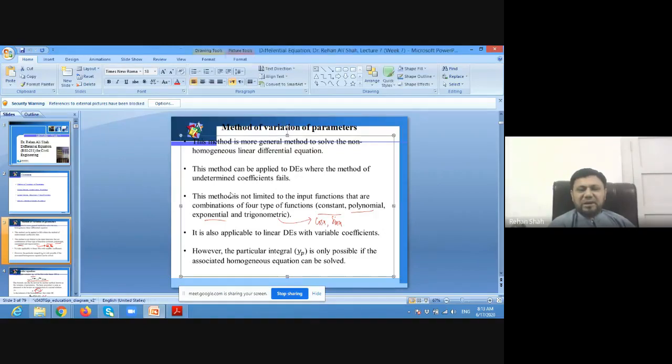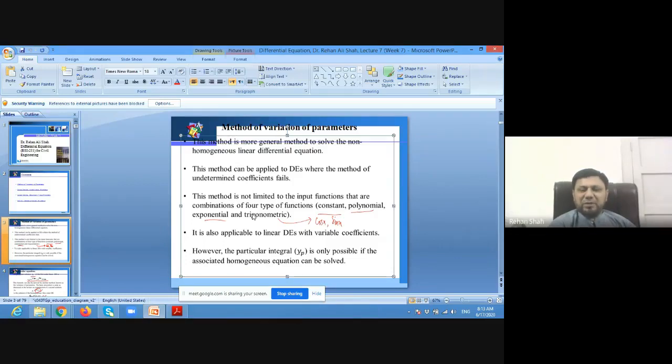So this method is not limited. As I said before, this method is not limited to input functions that are combinations of 4 types of functions: constant, polynomial, exponential, and trigonometric. You can take other functions, such as tangent inverse x, tangent x, cotangent x, e power sine x, e power x square.